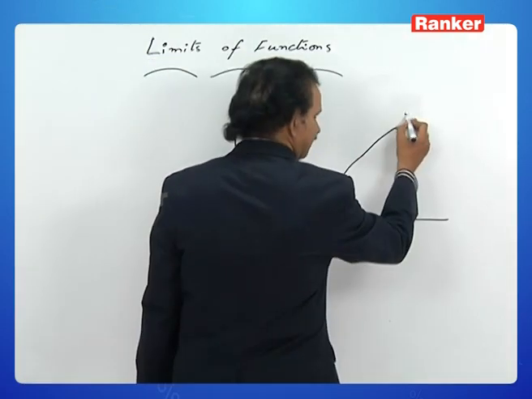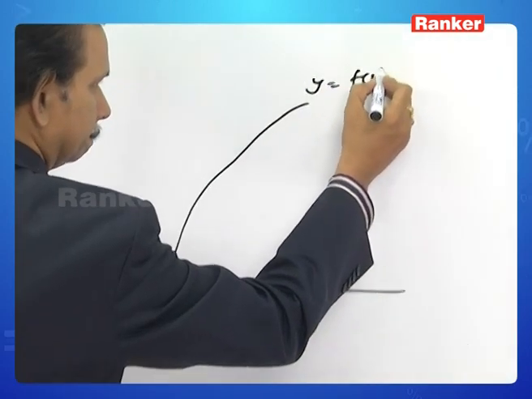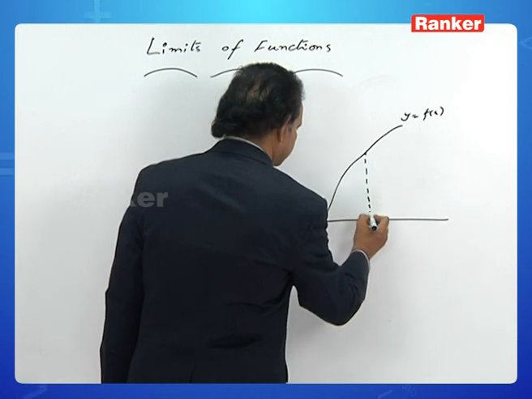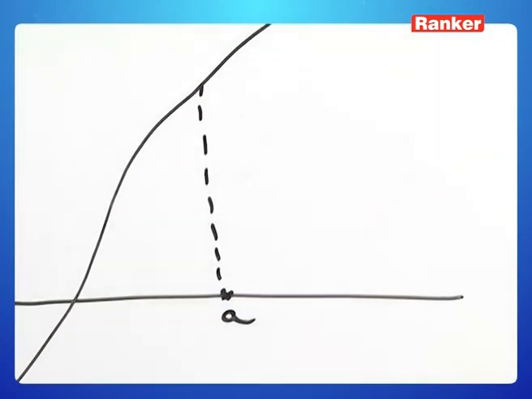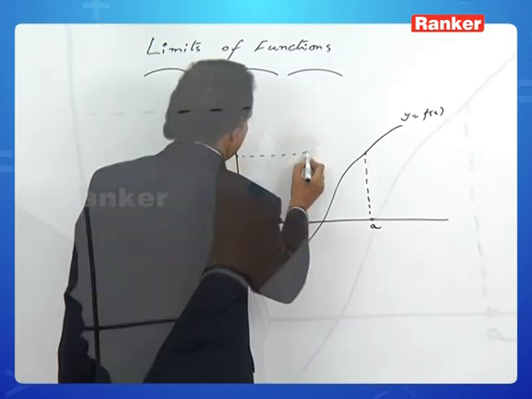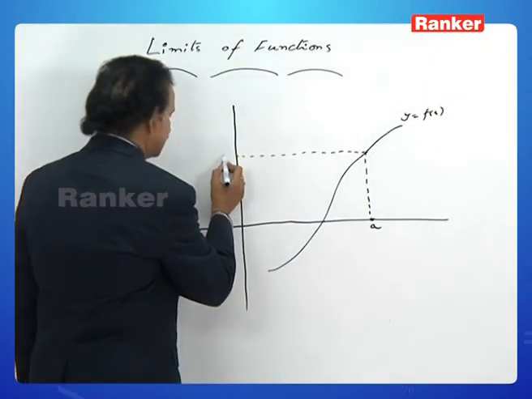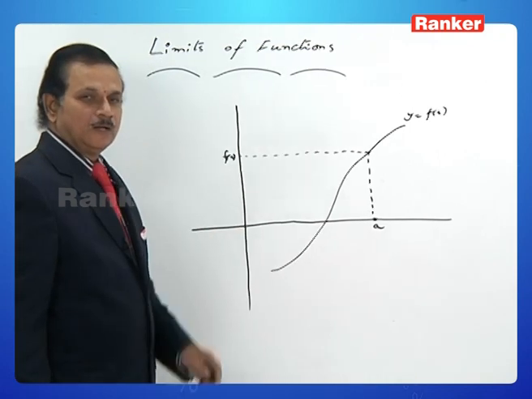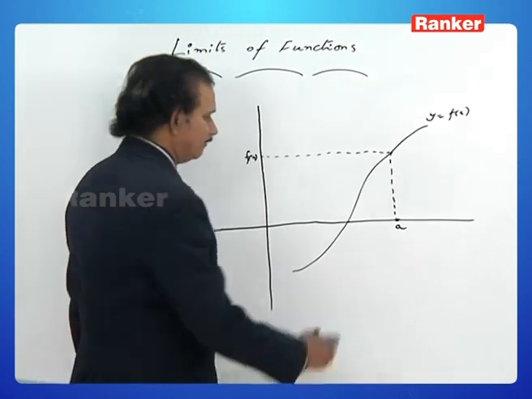Let this be a function, say y is equal to f of x. Let this be a. Then what will be f of a? This is f of a. Let us represent a neighborhood around a like this.